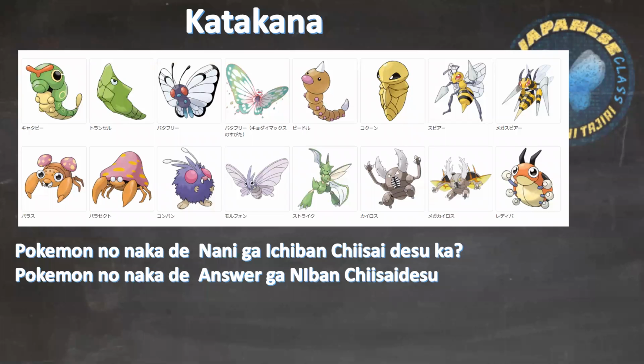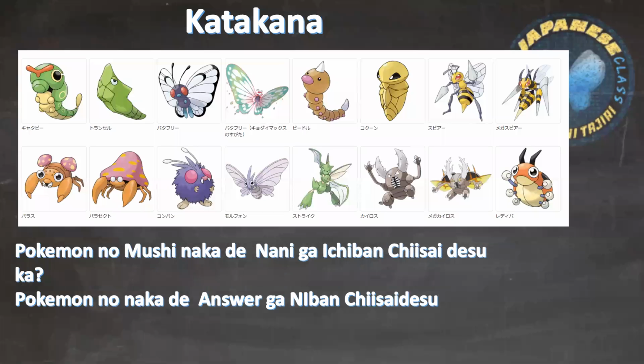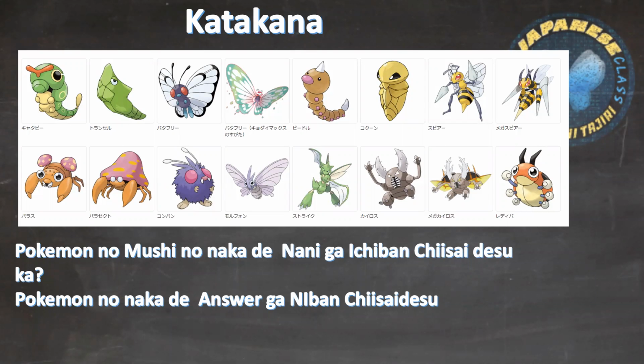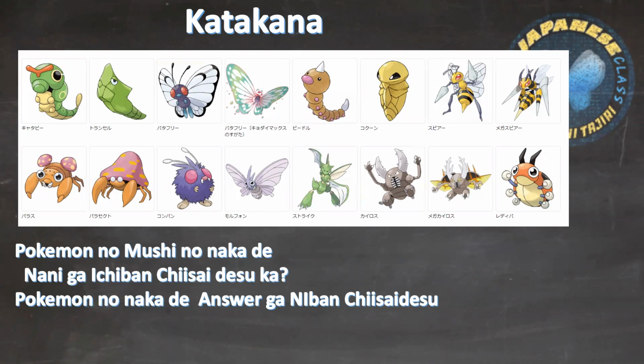For insect Pokemon we have mushi. Remember? Pokemon no mushi no. Pokemon no mushi no naka de nani ga ichiban, then our adjective tsuyoi. Tsuyoi desu ka? So give your answer.